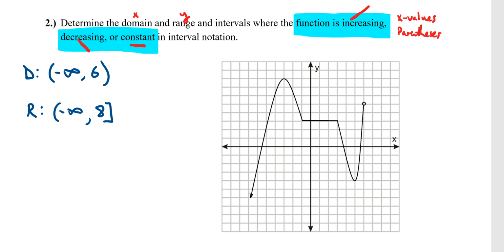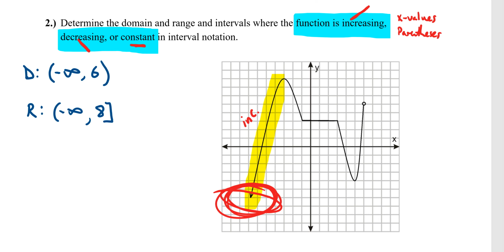So what I like to do first is let's label them before we actually write down the intervals. So when we skim this left to right, I'll highlight it, it's rising left to right until it gets to that little relative maximum point. So this is actually increasing. This is what makes it confusing for some people because they see this arrow going down and they say, oh, it's decreasing here.